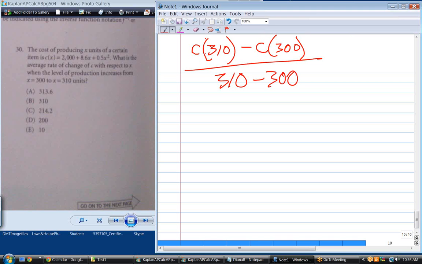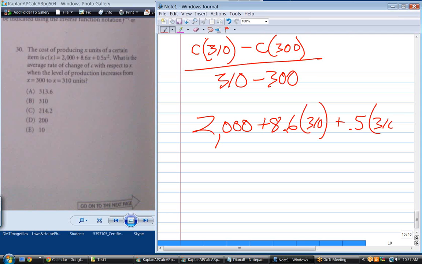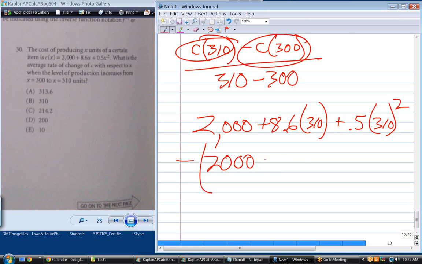Okay. And the way we're going to come up with C of 310 is we're just going to plug in 310. So C of 310 would be 2,000 plus 8.6 times 310 plus 0.5 times 310 squared. And that's this part. And I have to subtract off that part. So I'm going to subtract 2,000 plus 8.6 times 300 plus 0.5 times 300 squared.